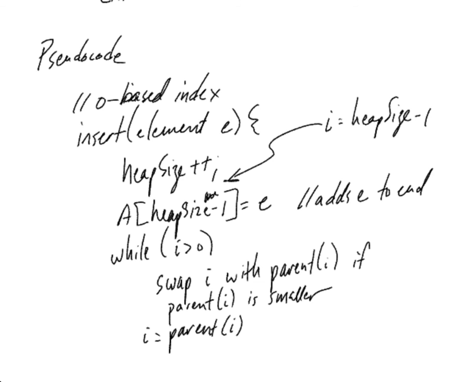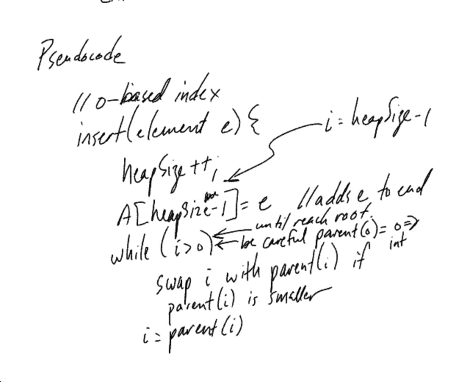Now, here we're iterating until we reach the root. And you're going to implement this in a project, but take care here, because in many implementations, parent at index 0 will return 0, and that would lead to an infinite loop.